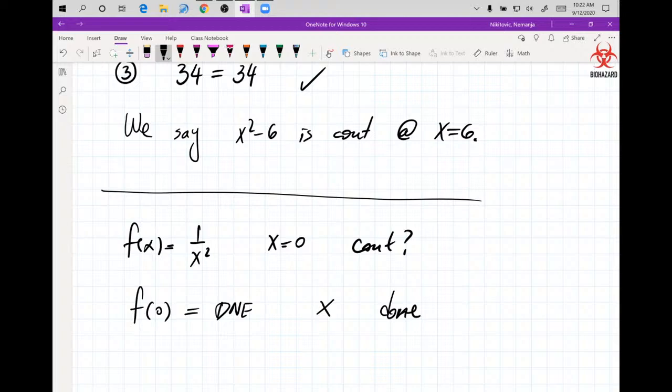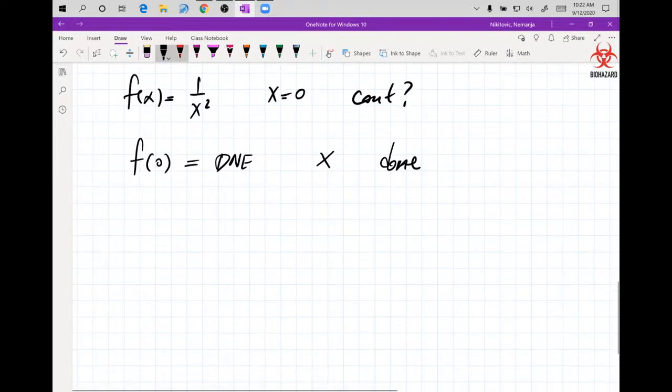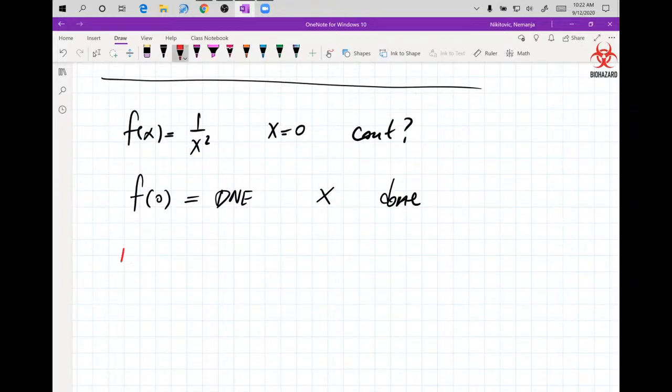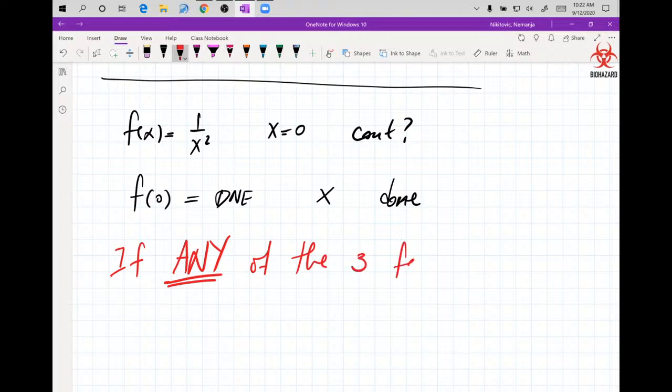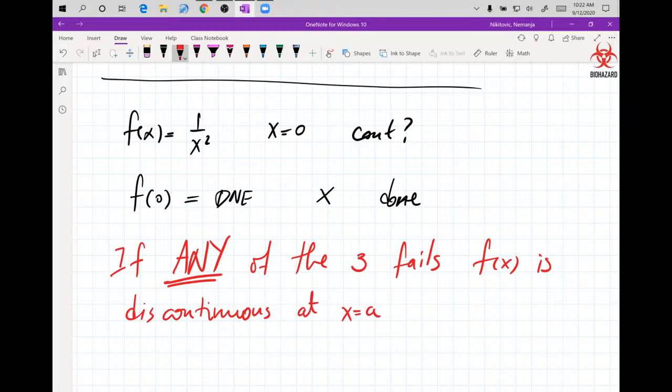As soon as one of the three rules fails, the function is immediately discontinuous at that point. And that's actually the next thing that I'm going to write. So if any of the three fails, f of x is discontinuous at x equals a.